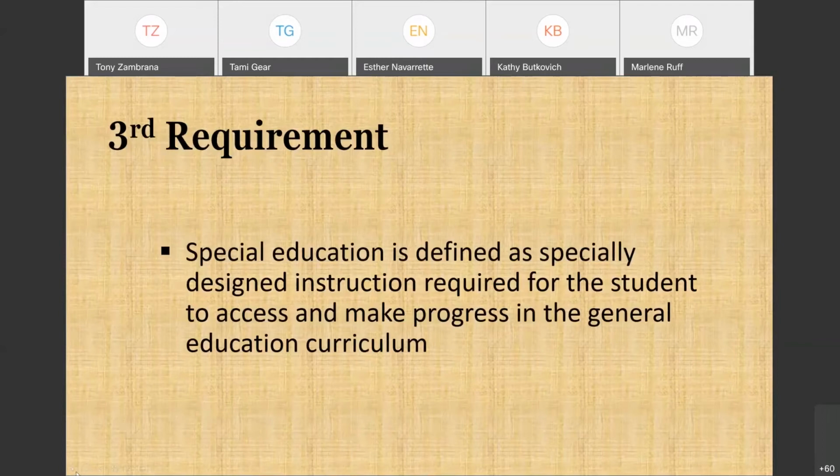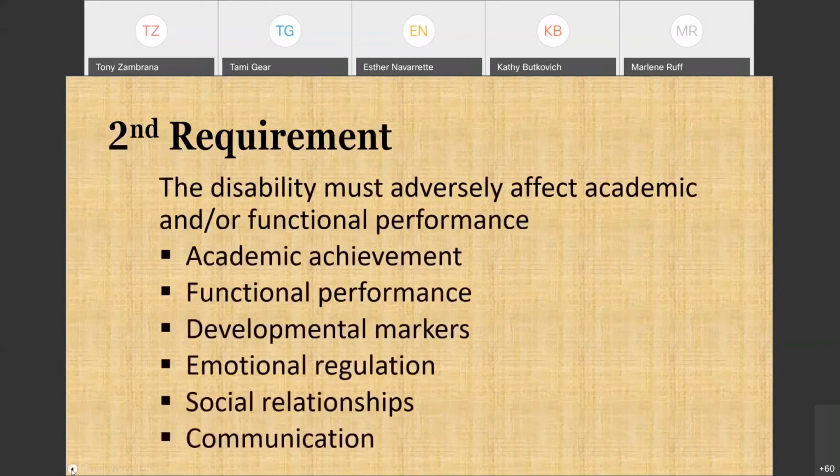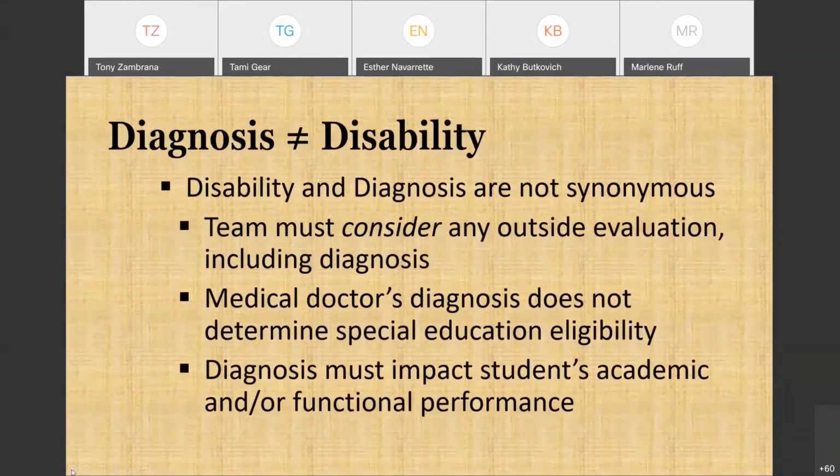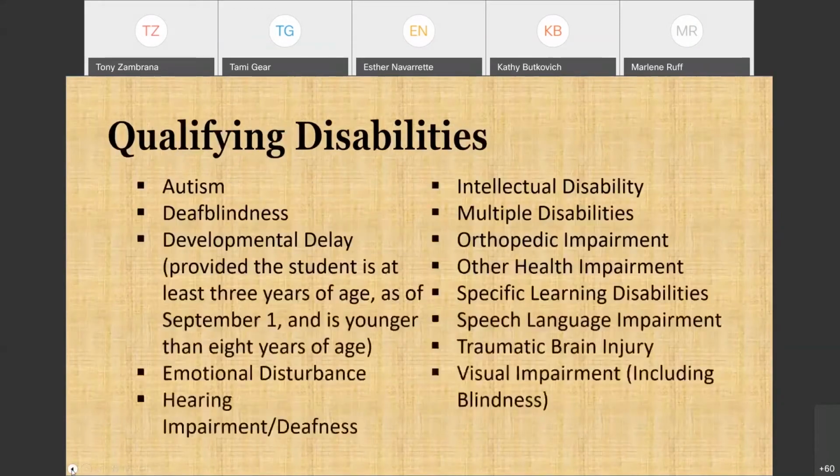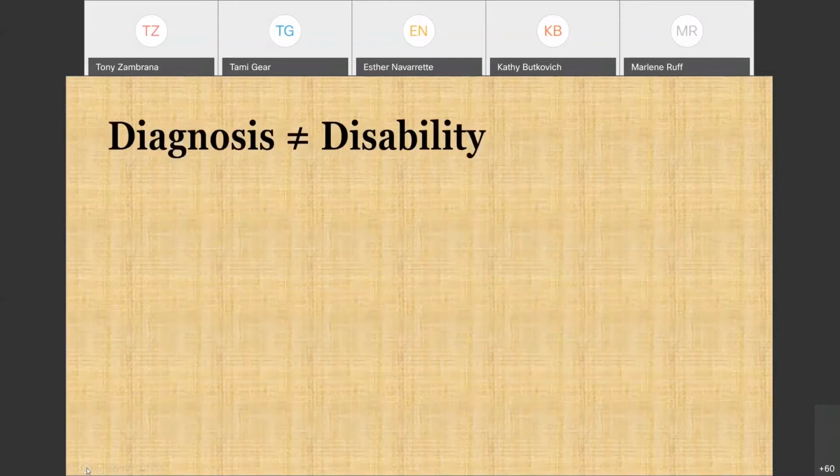Specially designed instruction. So let me see if I can go back for just a minute. Let's say we have a student that has one of these disabilities, for example, a speech language impairment. But let's say they have some speech difficulties, like a lisp or something like that, really not pronounced, but they do have one, and they may need some speech services.